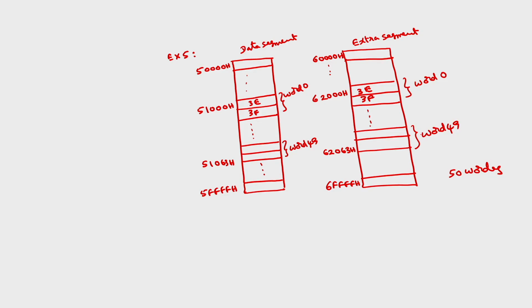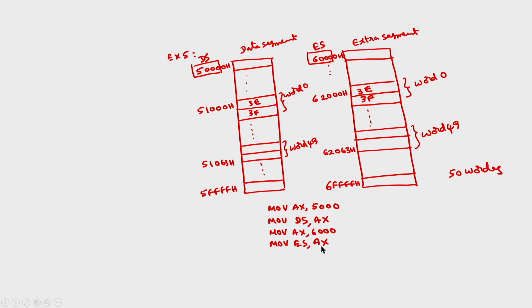Now, this is slightly different because I am using two different segments. The program will be: MOV AX, 5000, this is for the data segment register, MOV DS, AX. Again MOV AX, 6000, MOV ES, AX.